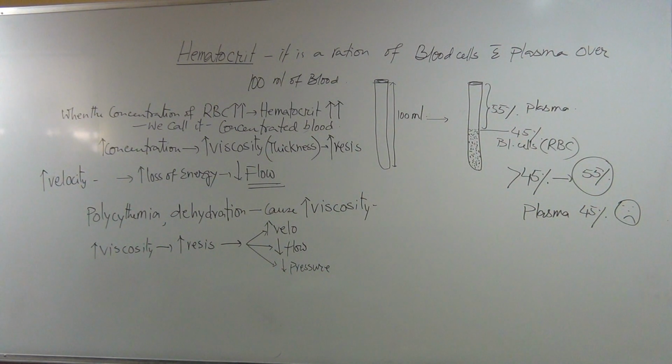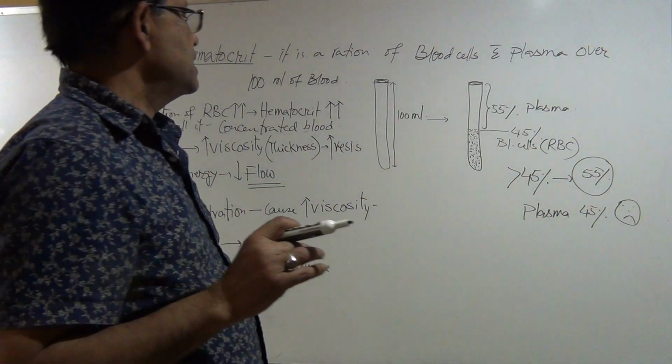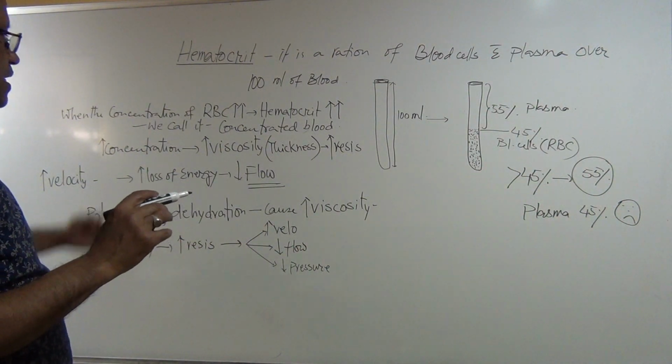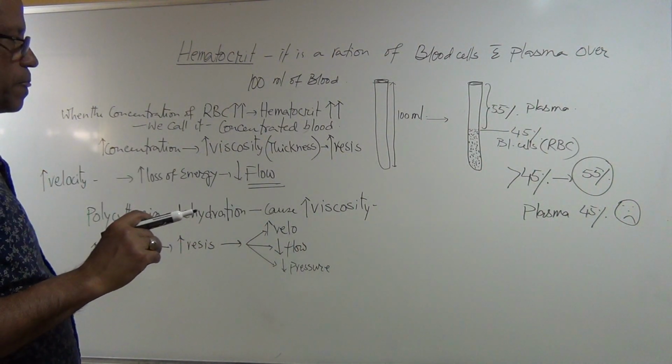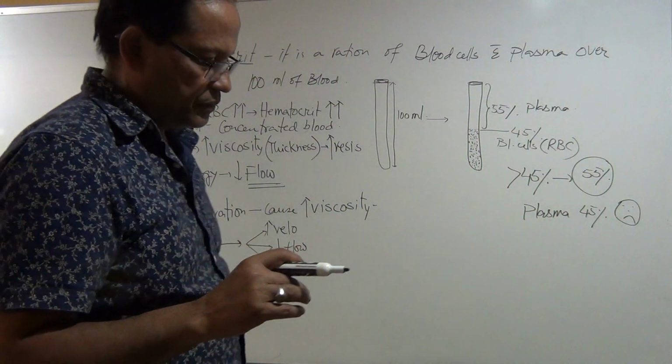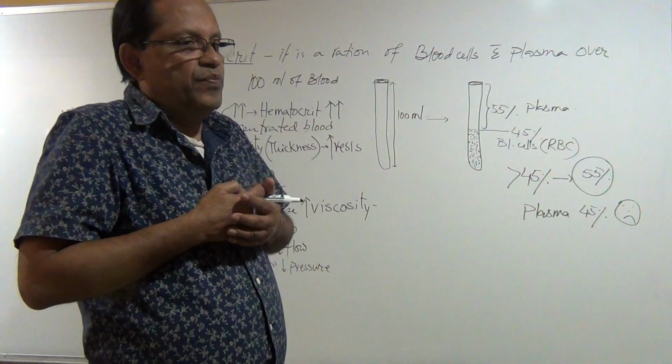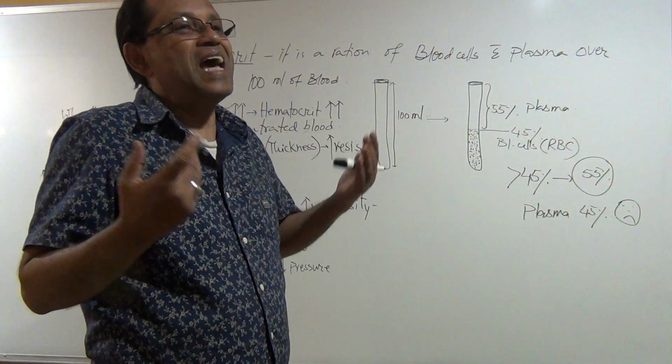So now in the opposite case, when the hematocrit ratio is decreased, so then what happens? The plasma will go up. So blood will be more diluted.